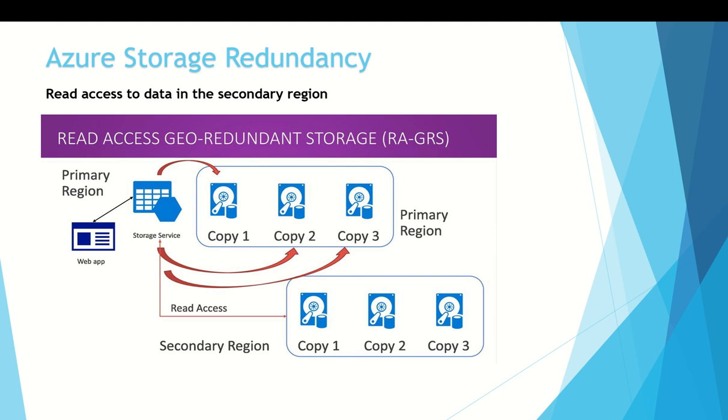There is a caution: data is replicated asynchronously from primary to secondary. The secondary region is typically behind the primary region in terms of write operations. If a disaster were to strike the primary region, some data would be lost.